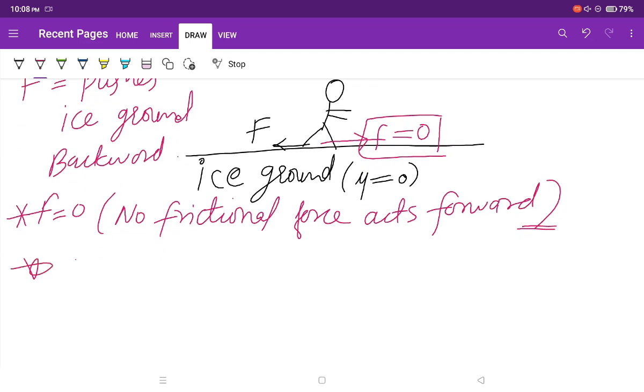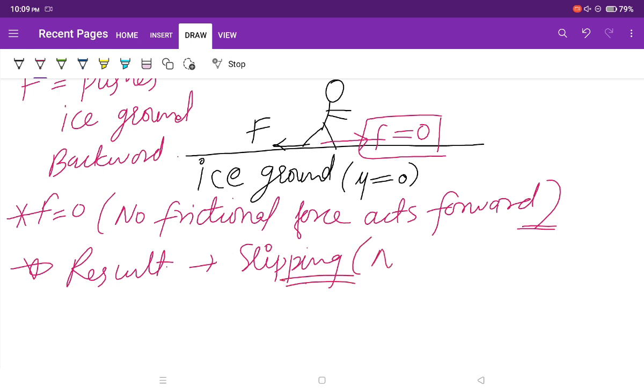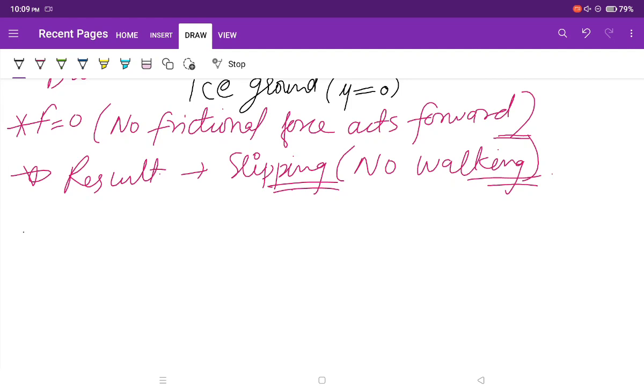And here the result is what? Slipping. What is the result? Slipping or no walking. This is the result. So actually what happens? Friction allows us to walk, it does not stop us, right?